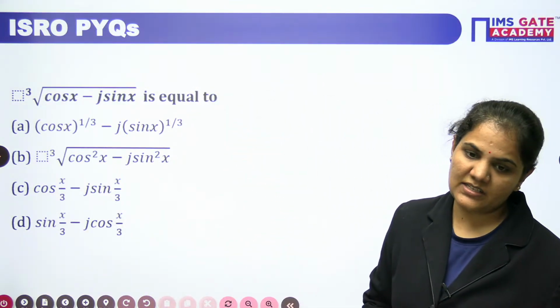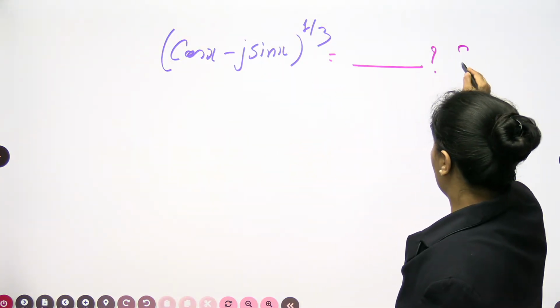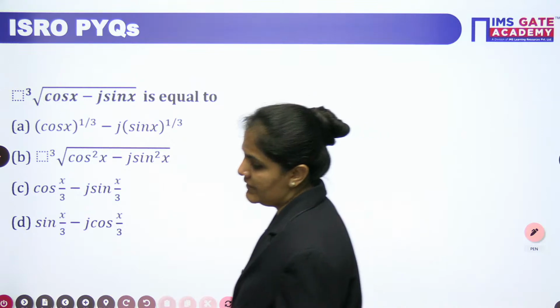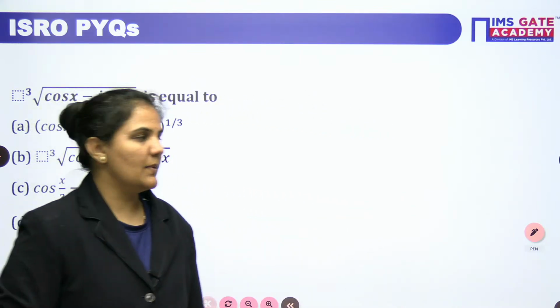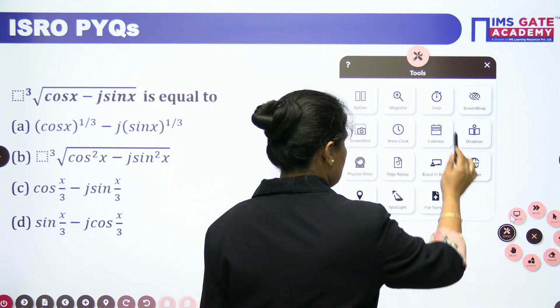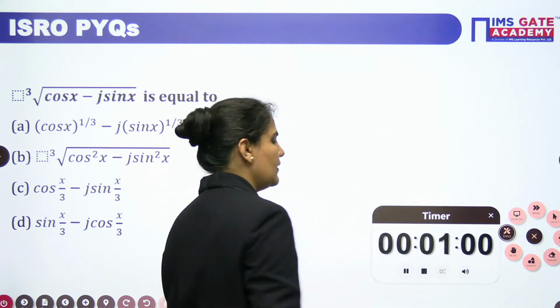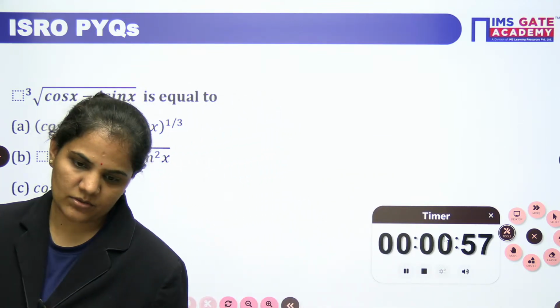Cos x minus j sin x is equal to, so you are asking about this value, cos x minus j sin x power 1/3. Yeah, this is a very simple question which you can solve very easily.